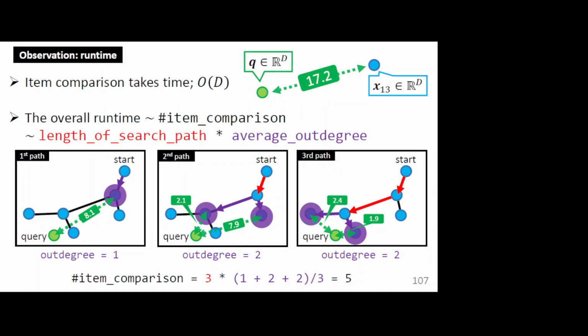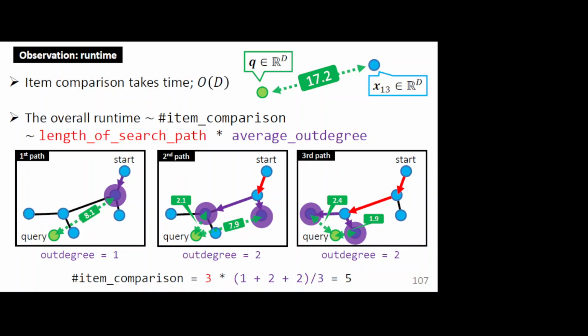So the overall run time is actually how many times you compare with a node, and each node takes d complexity. So the overall run time is the number of items you compare when you traverse this graph. It's approximately the length of your search path and the average out degree.